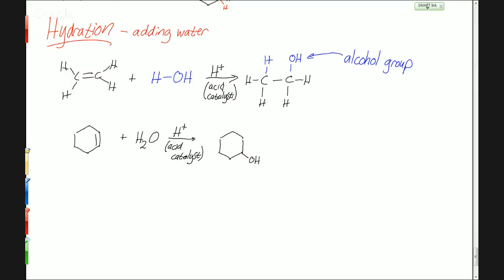We don't see the hydrogen because it's a line structure, so all we see is that OH. Now, does it matter if I draw it there or if I draw it here? It doesn't. Those are the same. If you took one and flipped it over, you get the other one. So those are the same thing.